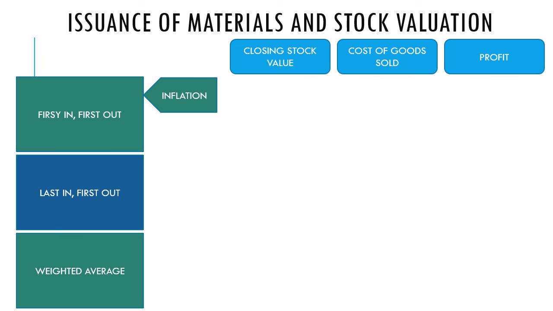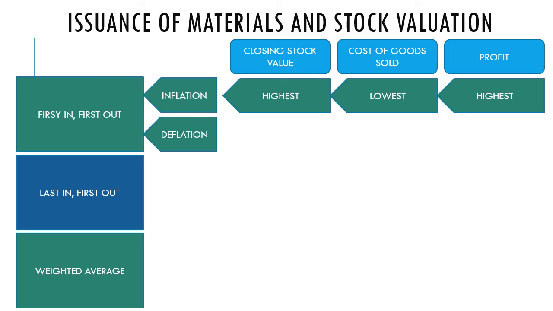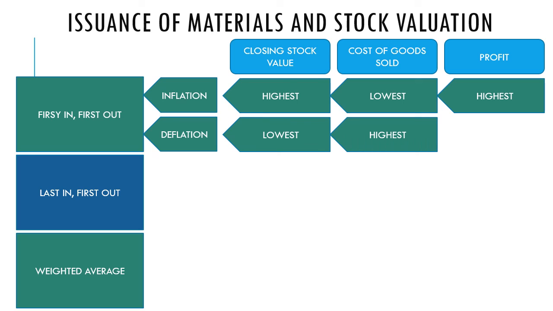So if the market is in inflation, under the first in first out method, you can be sure that the closing stock will be the highest, cost of goods sold will be the lowest, and thus profit will be the highest. As opposed to that, if the market is experiencing deflation, meaning that the price of material is getting cheaper and cheaper, under the first in first out method, you just go on the opposite side: lowest, highest, and lowest.